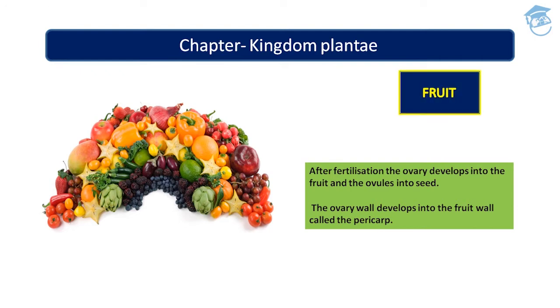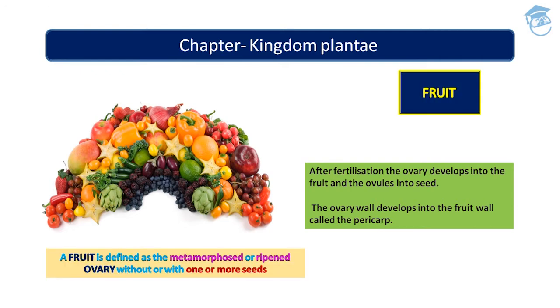So that is fruit. Fruit can be defined as a metamorphosed or ripened ovary. The ovary in later stages of progression becomes fruit, with or without one or more seeds. And fruit is a characteristic feature of flowering plants, that is Angiosperms, students.